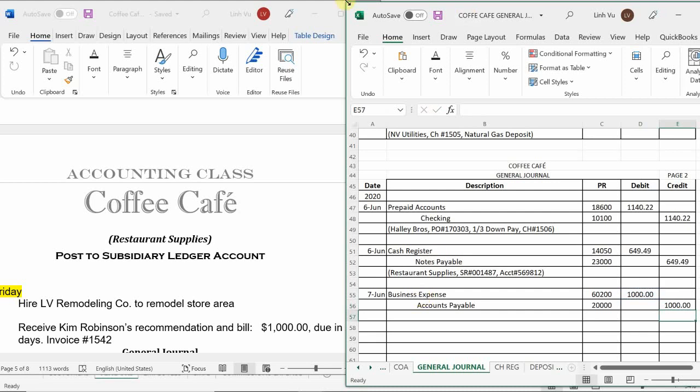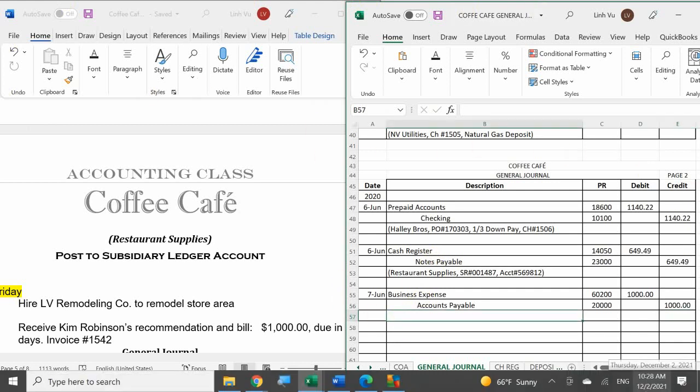Okay. So here you have all the information that you need to be able to write a description. First things first is, who is the person you hired? Kim Robinson. Did she have an invoice number? Invoice number 1542. And then of course you could say here that it's due in 3 days, so net 3.